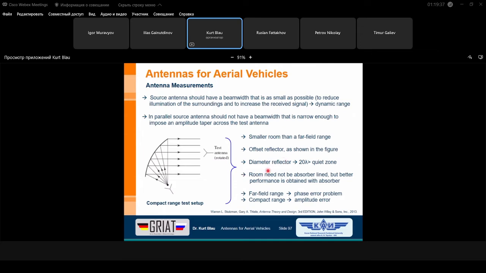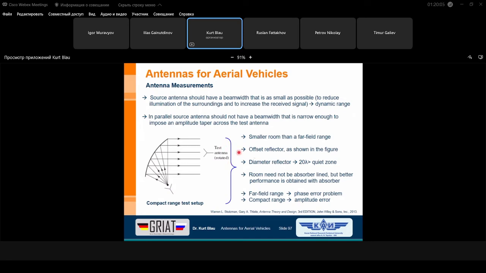The room itself normally need not be fitted with absorbers to avoid reflections, but in every case it's better to have absorbers. Because if you have your test antenna or antenna under test here, and in the background there are no absorbers, then you also have reflections from the wall.